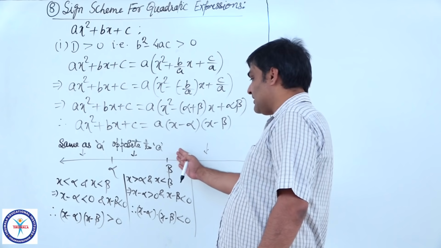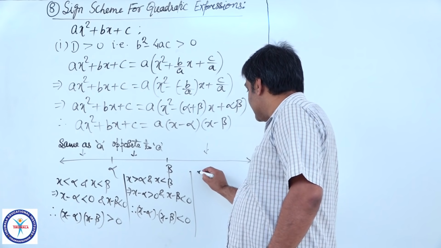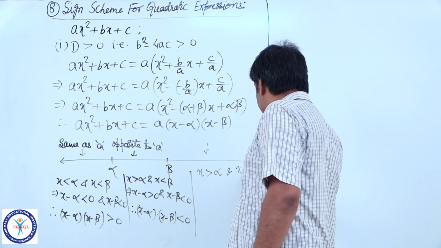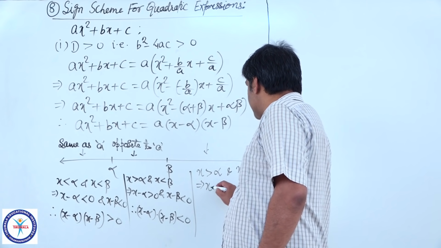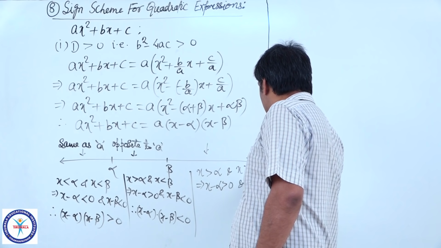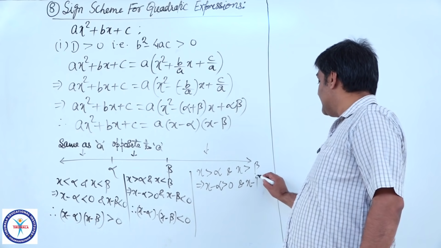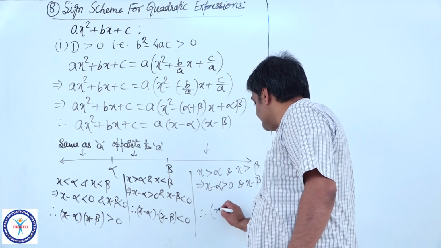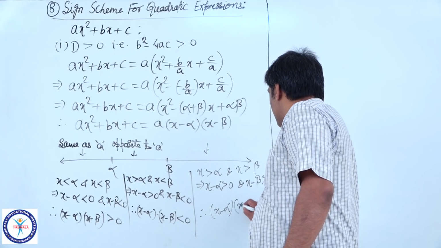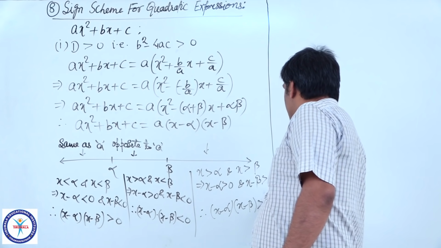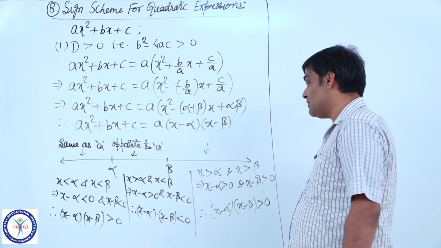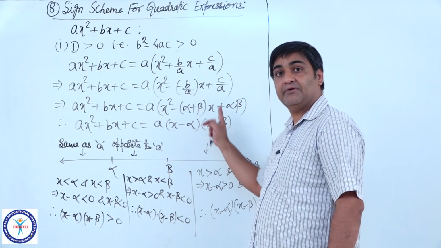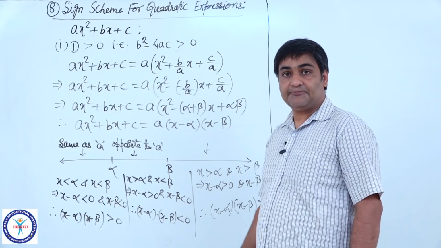Okay. Now, come to this region. If x is here in this part, then x greater than alpha and x greater than beta. So, x minus alpha is greater than 0 and x minus beta is greater than 0. So, their product will be positive. So, here x minus alpha into x minus beta is positive. If A is positive, sign is positive.